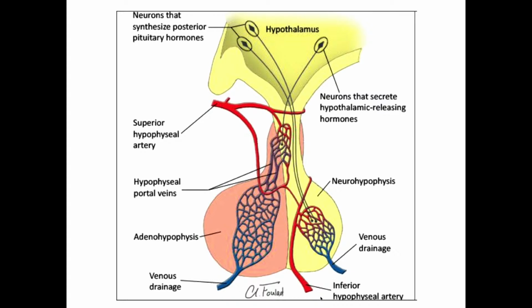However, we have the inferior hypophyseal artery that just supplies the neurohypophysis. It does have venous drainage, but the hormones from the hypothalamus are directly connected to the neurohypophysis and not to the arteries. Clear this part? Questions? No questions? Okay.